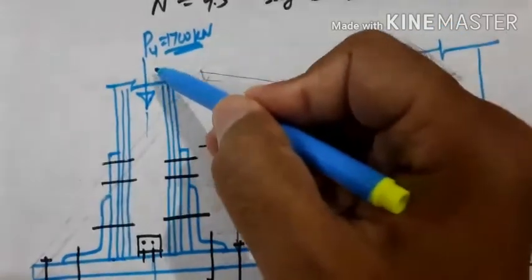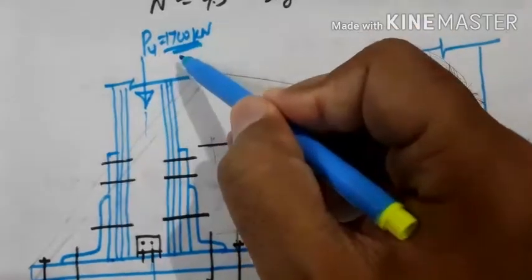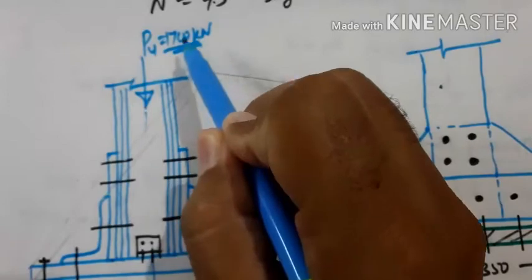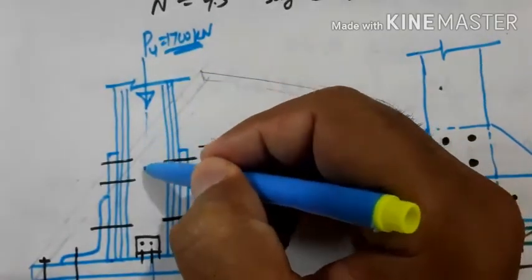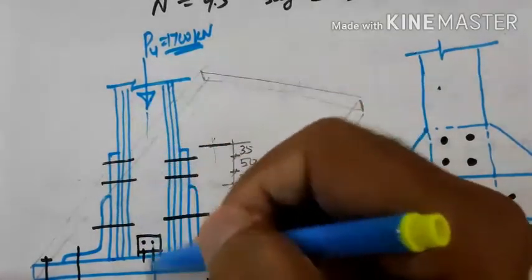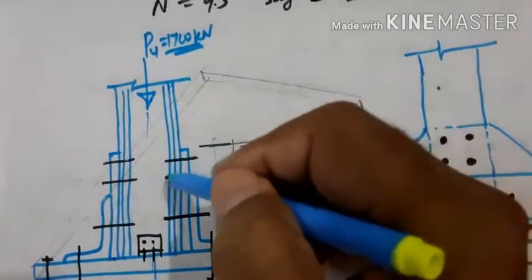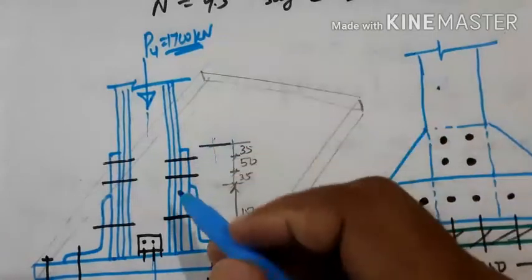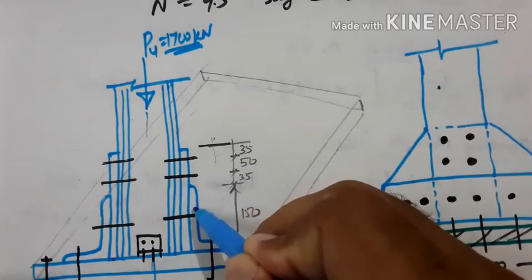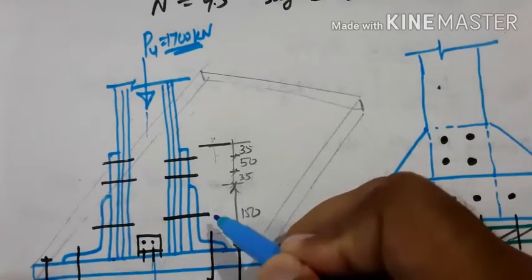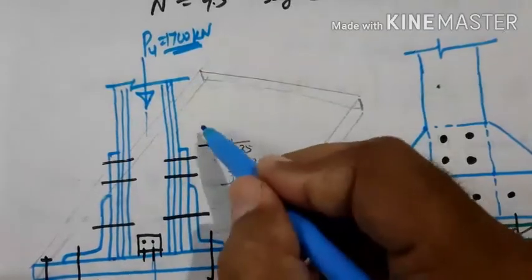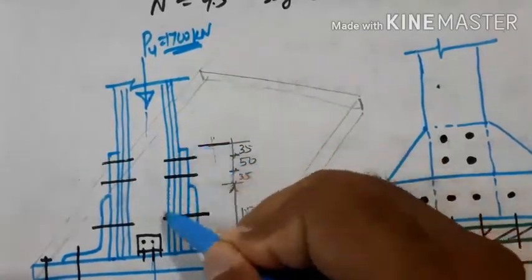Whatever the load is acting on the column, 50% of the load is passing through the bearing, and the remaining 50% will pass through the connections. The connections include the gussets, the plates, the angles, and the stiffeners. So 50% will go directly, and 50% will go through the connections.